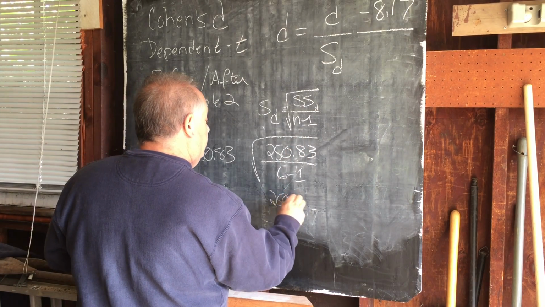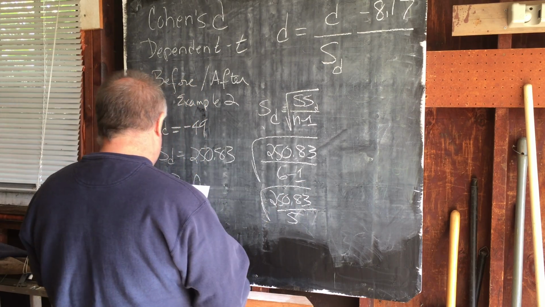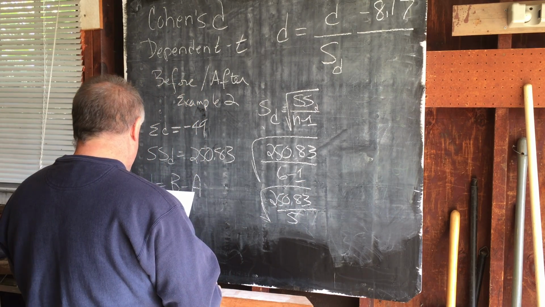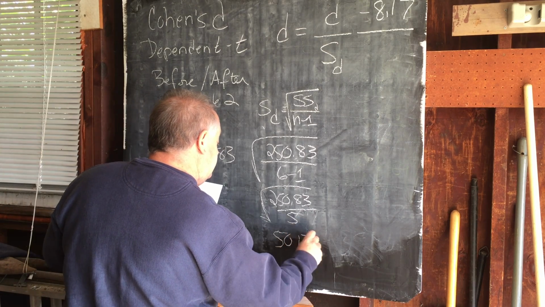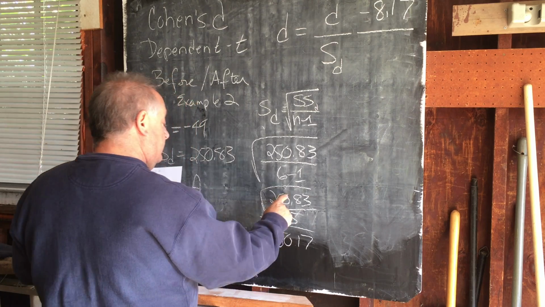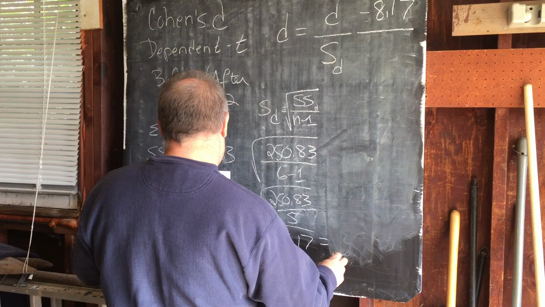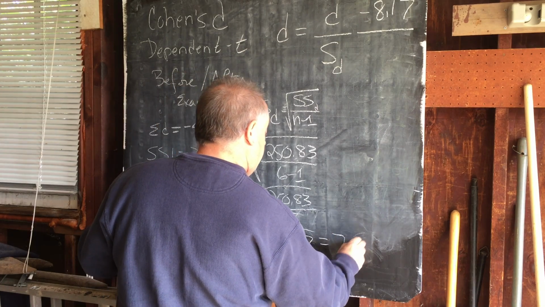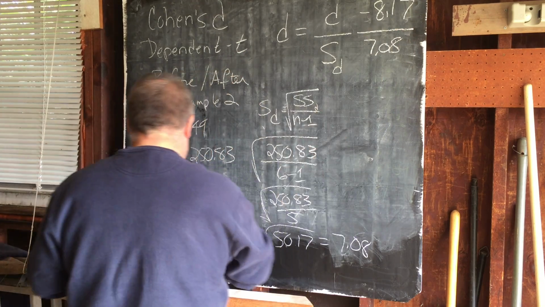So that's 250.83 divided by 5. We take the square root of that. Gives me 50.17. Right, 250.83 divided by 5 is 50.17, which gives me a standard deviation of 7.08. So the standard deviation 7.08 goes there.